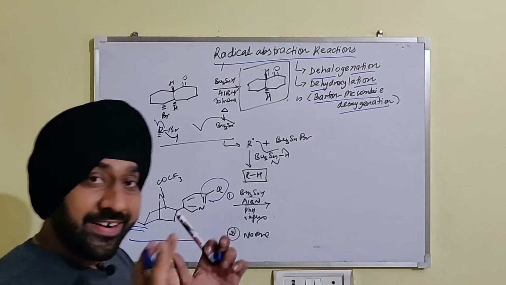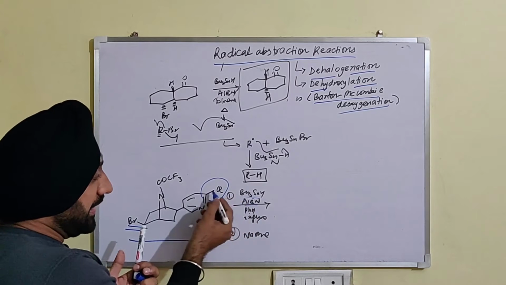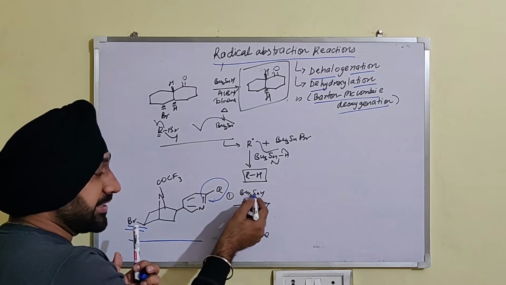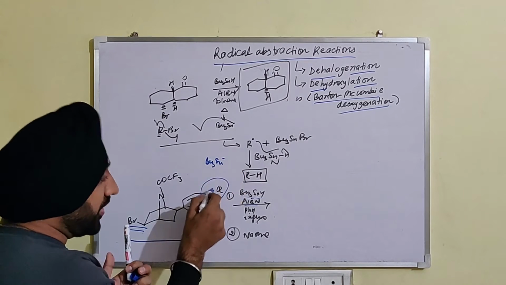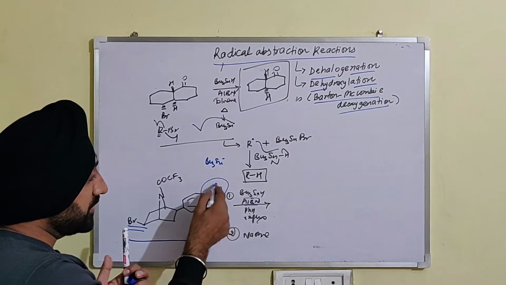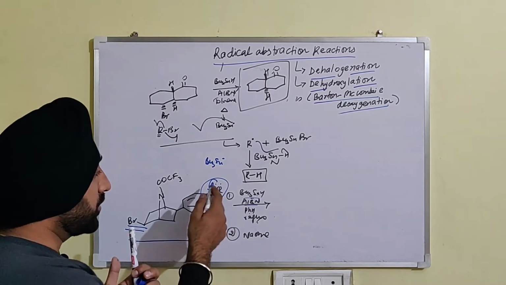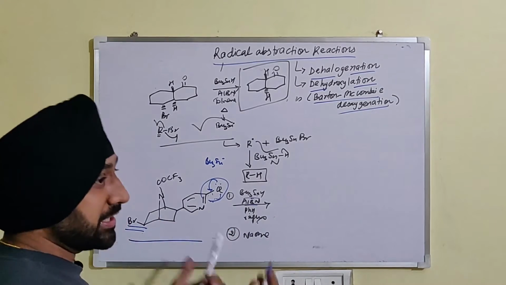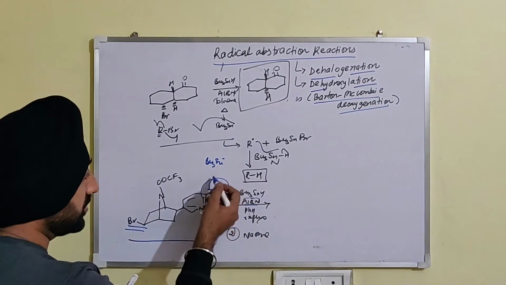Once the tributyl tin radical is generated, it is not reactive enough to abstract this particular aryl halide because of the double bond character in the case of aromatic chloride, bromide or iodide. So this does not react here.